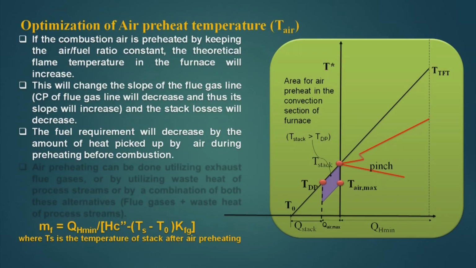Now, if I am preheating the air, then obviously there will be a saving in the fuel, and how much saving? The amount of heat which will be picked up by the air before the combustion.